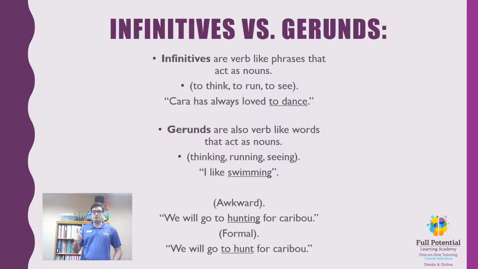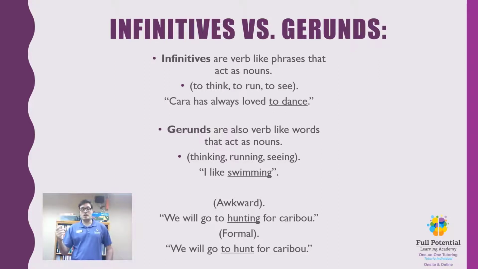It's also important to make certain distinctions within parallelism, such as in this case, infinitives versus gerunds. Both infinitives and gerunds are phrases that act as nouns. Infinitives differ, as in "to dance," having the "to" in front of the verb, whereas gerunds differ by just having the "-ing" at the end: dancing, swimming, etc. While gerunds cover a general activeness within a sentence, infinitives go more into detail for specific actions.